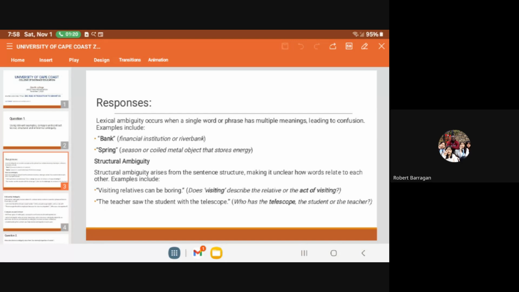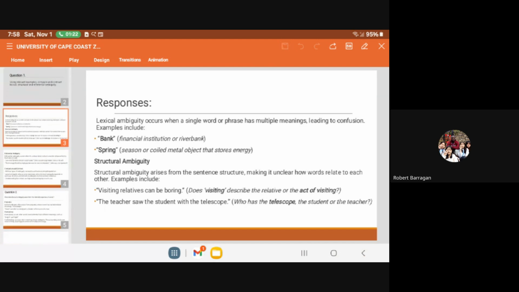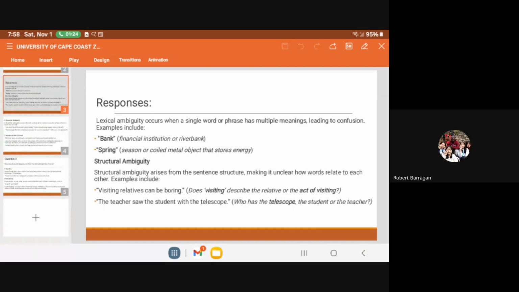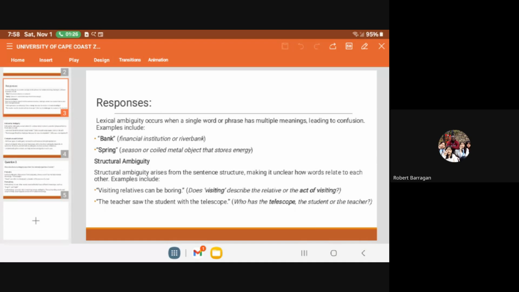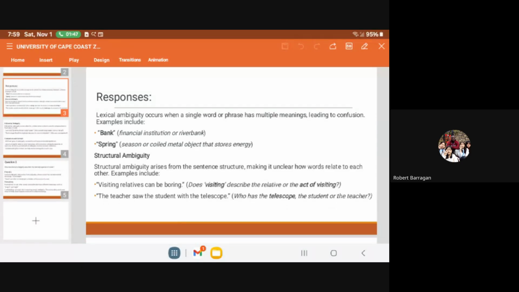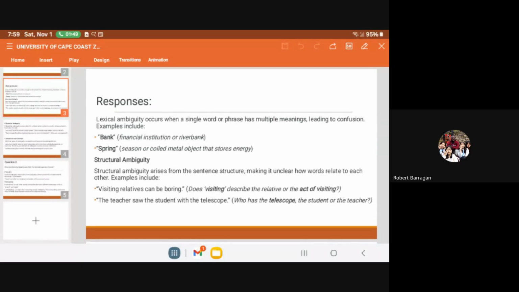Lexical ambiguity from our discussion occurs when a single word or phrase has multiple meanings, which leads to confusion and lack of clarity. For example, the word bank, as Madam had already alluded to, could refer to a financial institution or the location on the river.